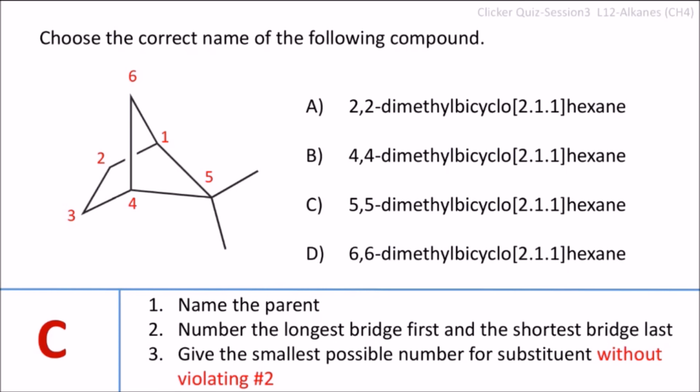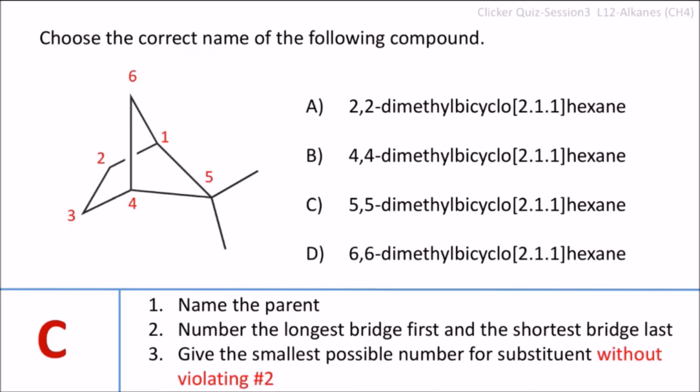Step number 1 is naming the parent, and here all 4 choices have the same parent name, so we are good. And if you look at step number 2, number the bridges going from longest to shortest from one bridgehead.